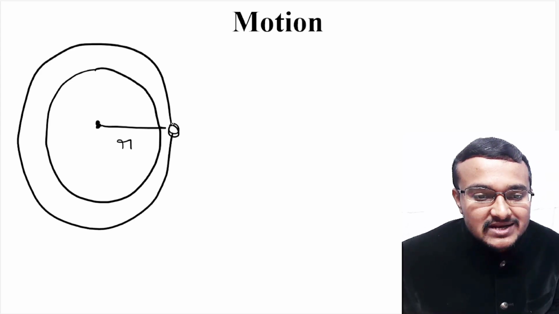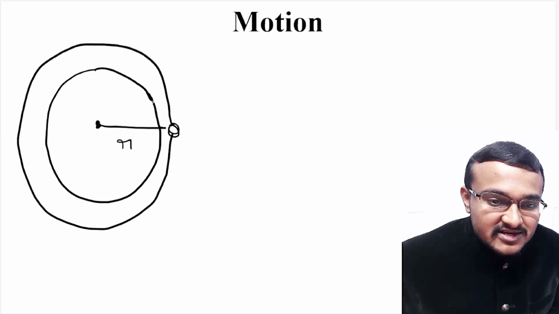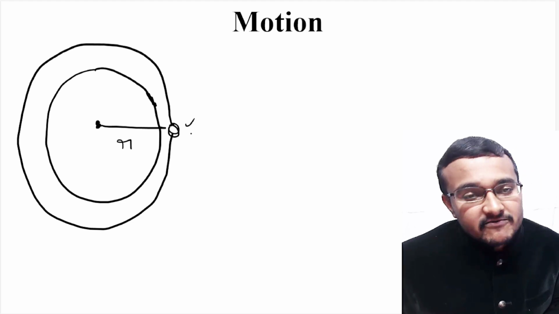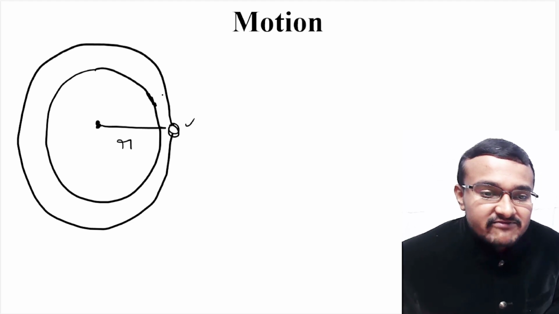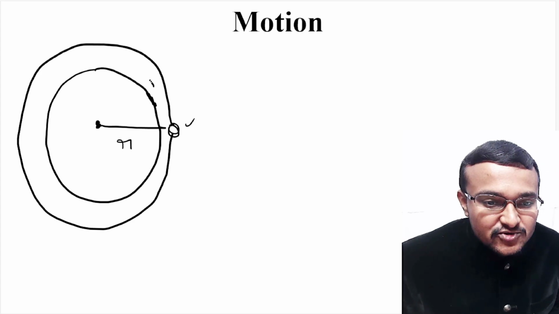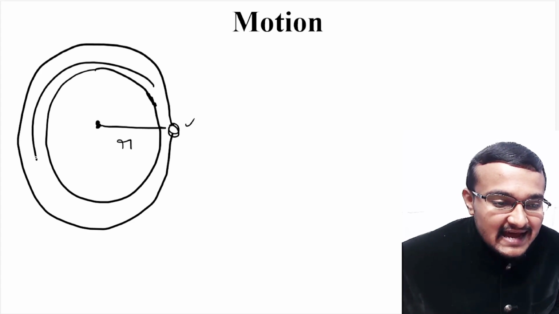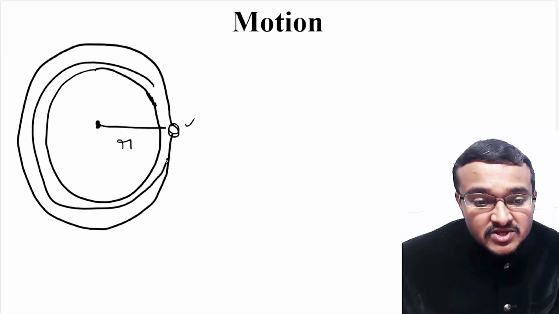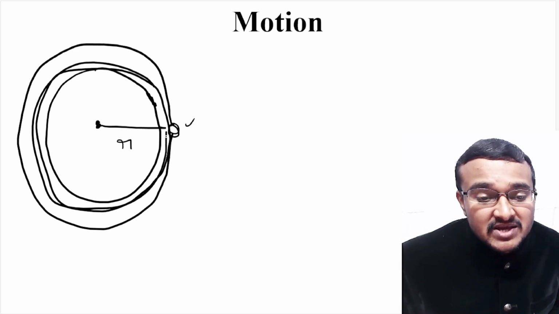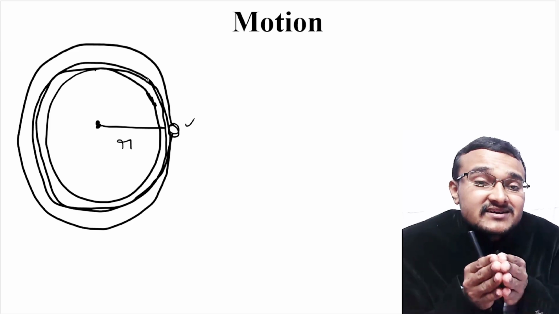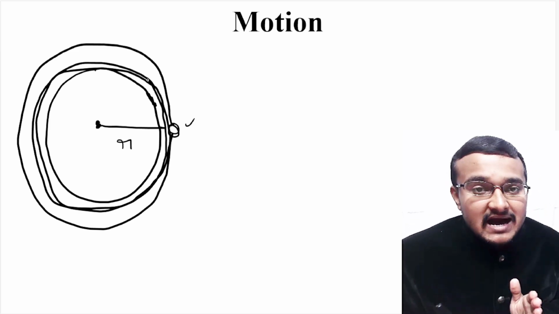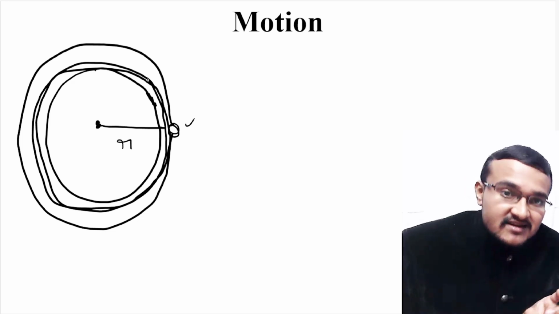This car, vehicle or object is covering the circumference of the circle. This circle has its own circumference, and the object is covering this circumference. That means the distance traveled by the object, car or vehicle is the circumference of that circle.